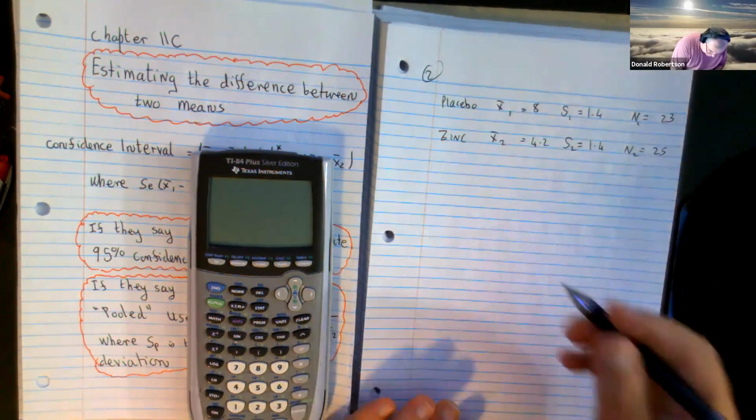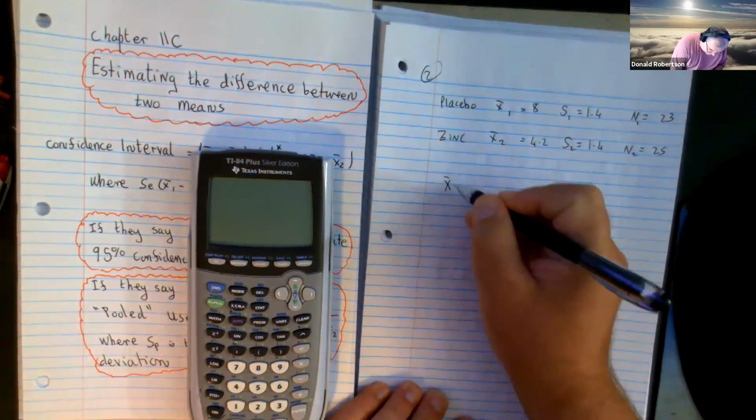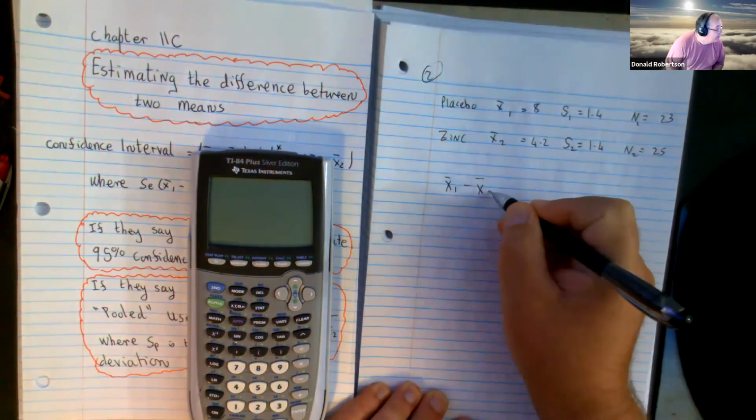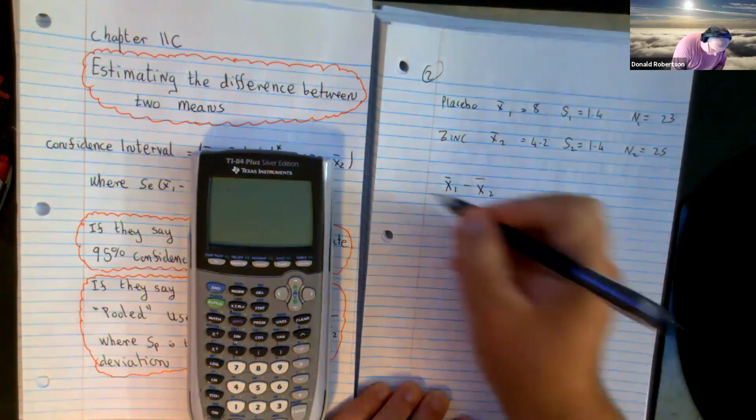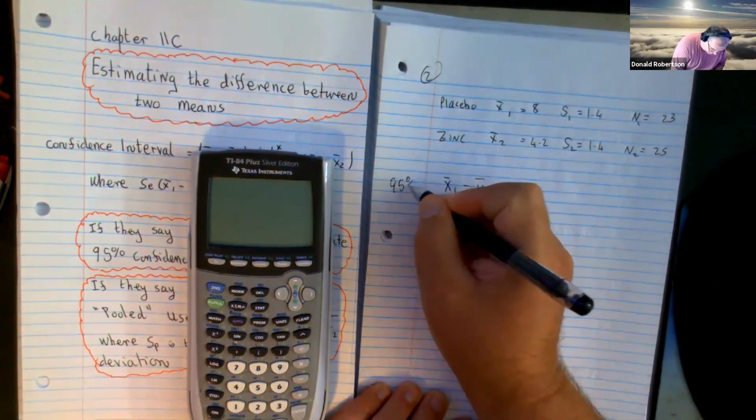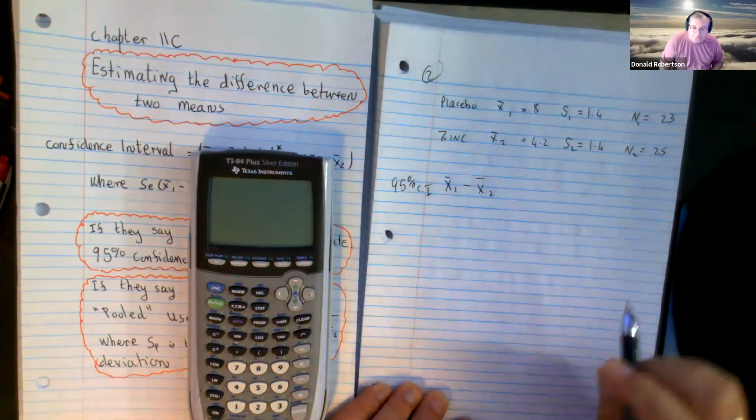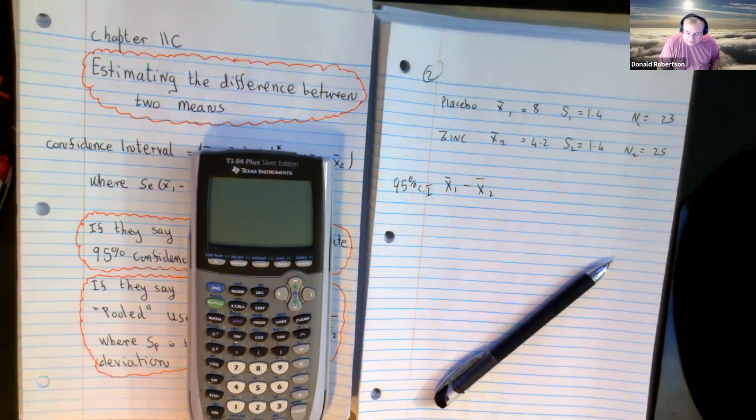And we are going to use salt to find eventually a 95% confidence interval, right? So now that I've got all my numbers handy, let's do it on salt.